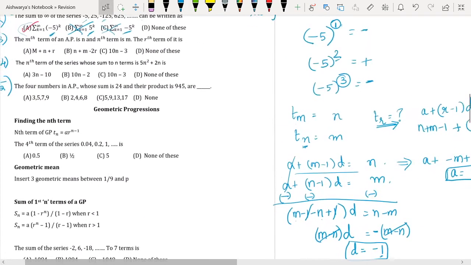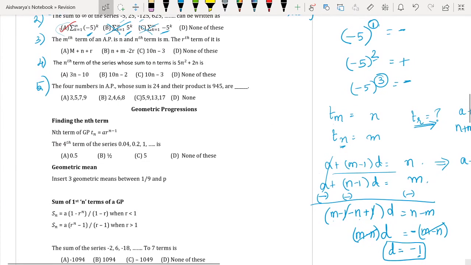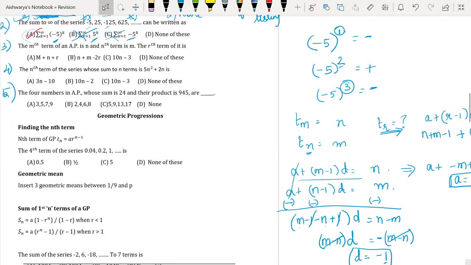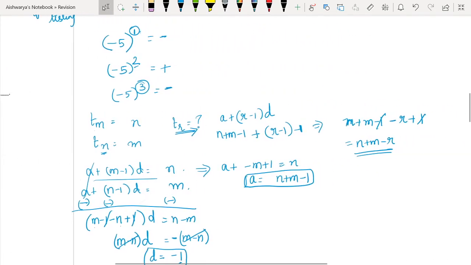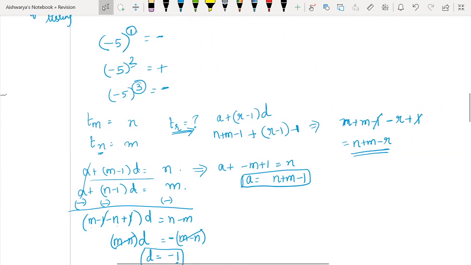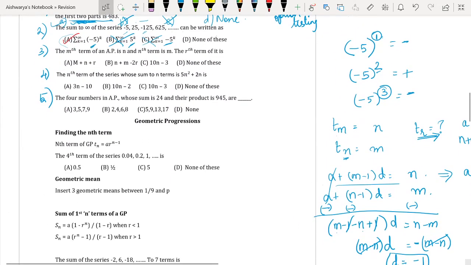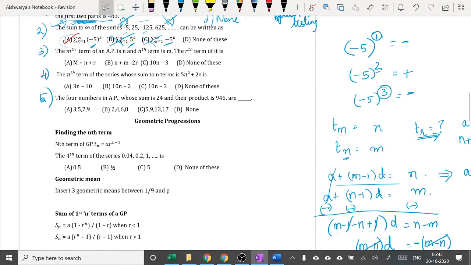So you can just check if it is matching with your options. N plus m minus r. So it's not matching with the options. I think there could be a mistake in typing. So let me just check if it's a typo.